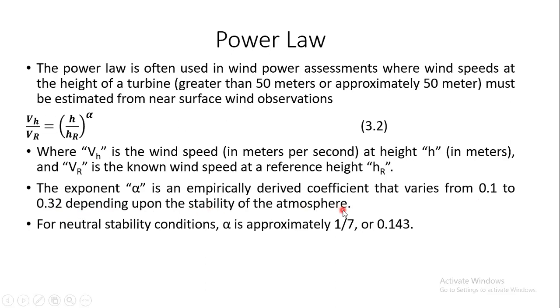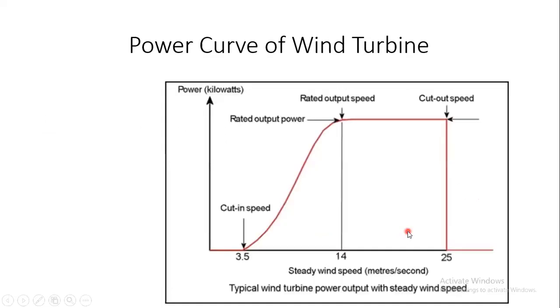Atmosphere also has an impact on the performance, efficiency, and speed of a wind power plant, and the velocity at which the wind blades rotate. For neutral stability conditions, alpha is approximately 1/7 or 0.143.